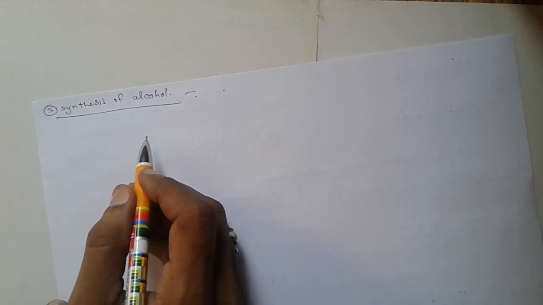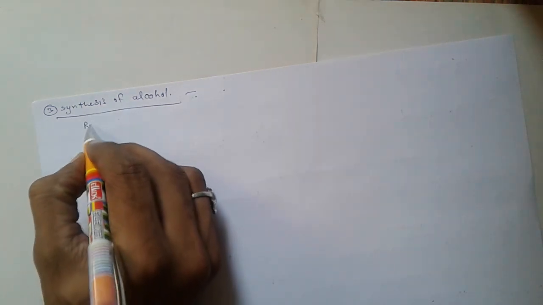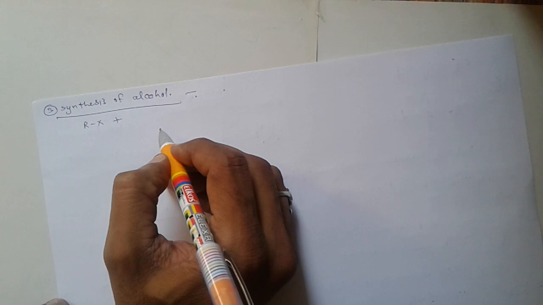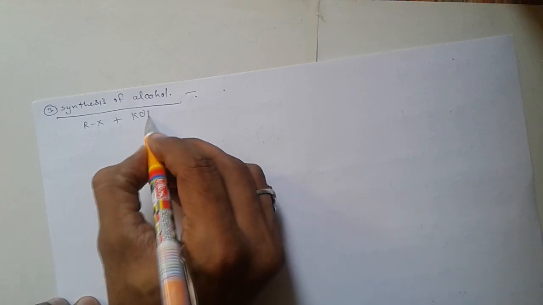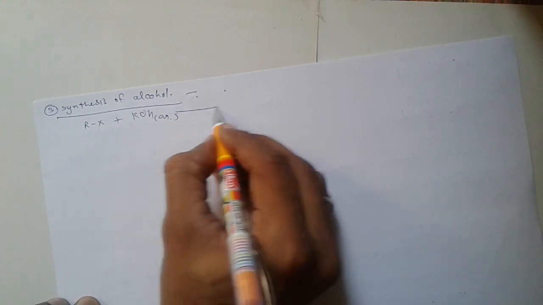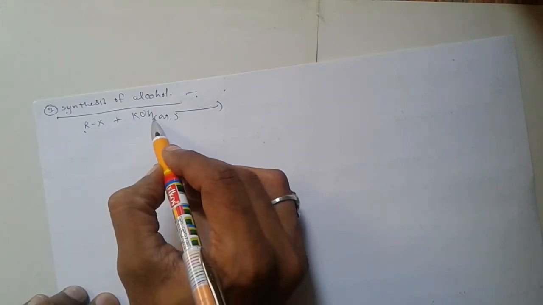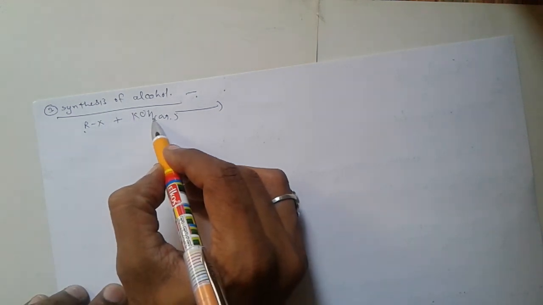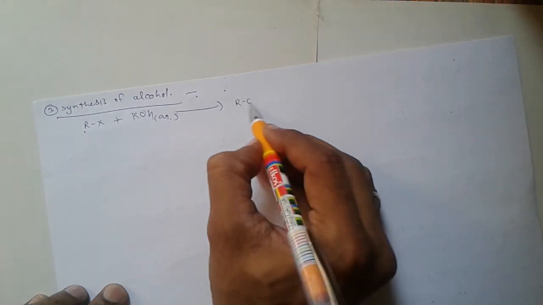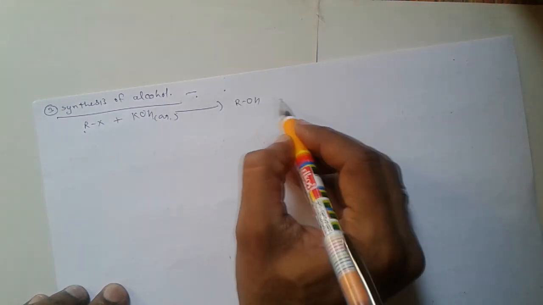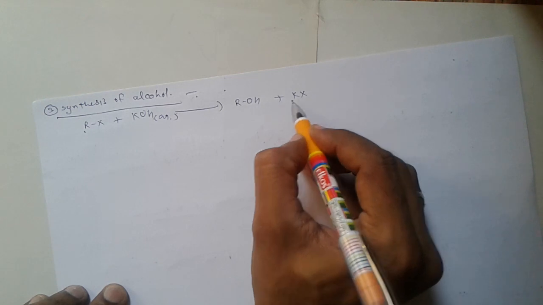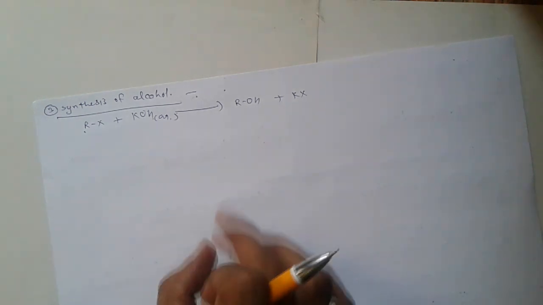Then alkanol is formed. So it is a haloalkane molecule and it is aqueous KOH. When RX reacts with aqueous KOH or moist Ag2O, then alcohol or alkanol is formed and the byproduct is potassium halide.